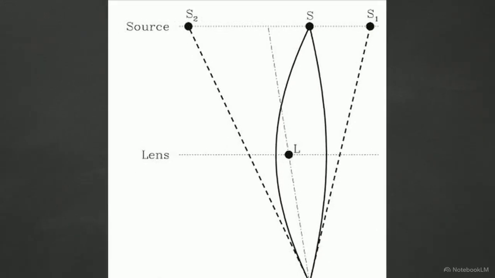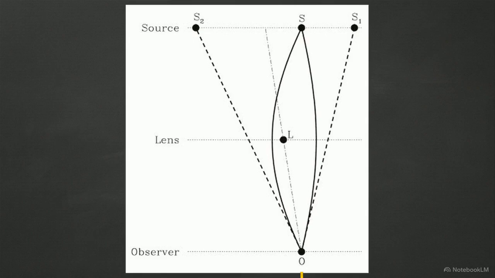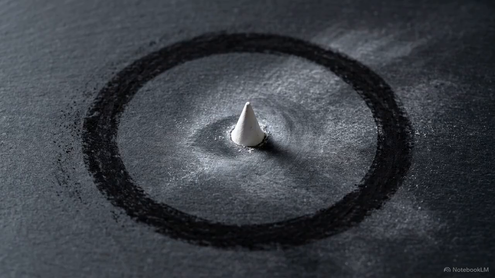They bend around the massive object, arriving at the observer from multiple angles to create two distinct shifted images. While our optical telescopes cannot resolve these separate images, their combined solid angle is larger than the unlensed source. We observe this increase in apparent size as a dramatic magnification in brightness.